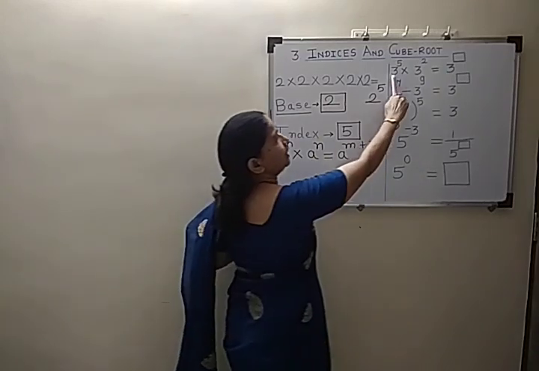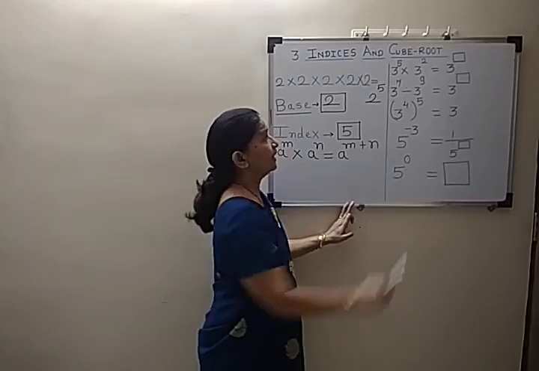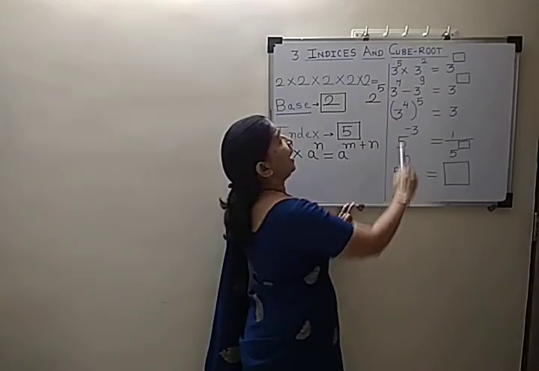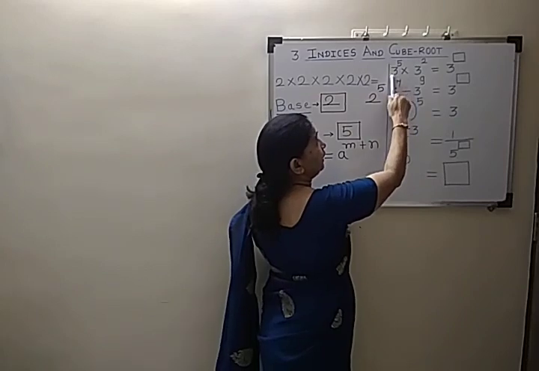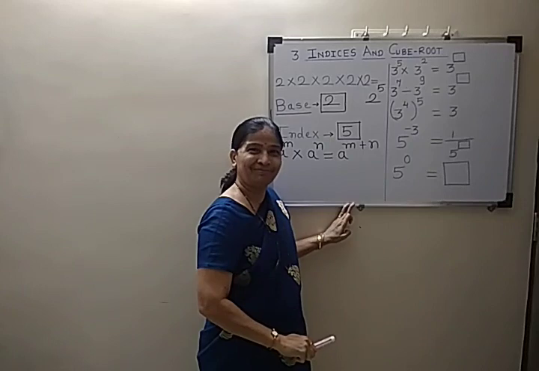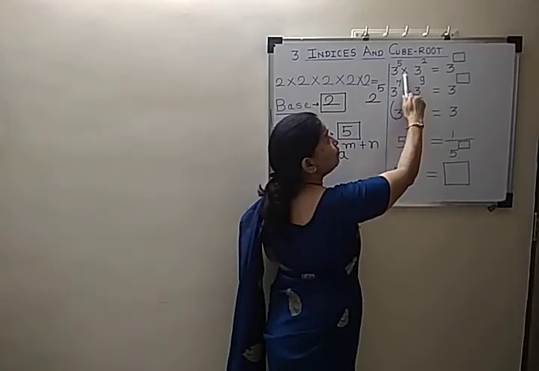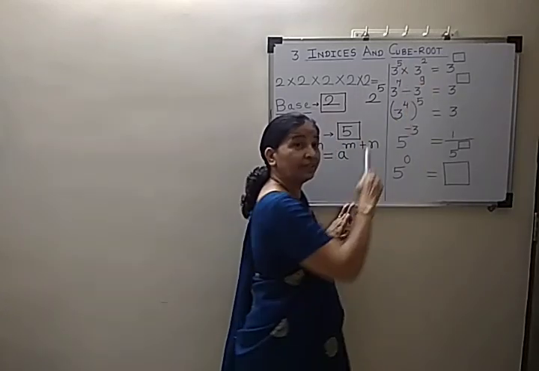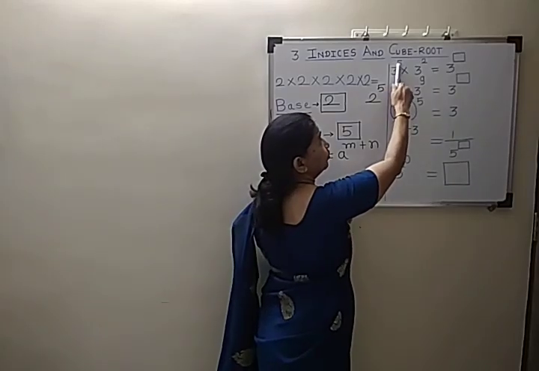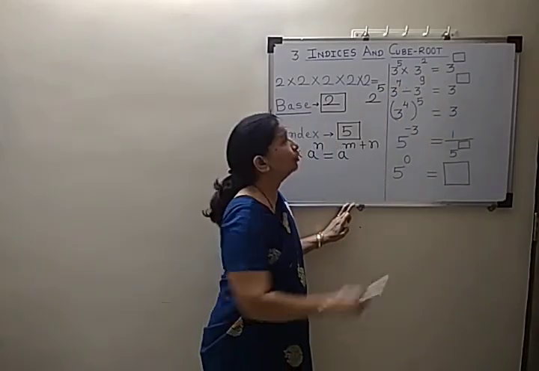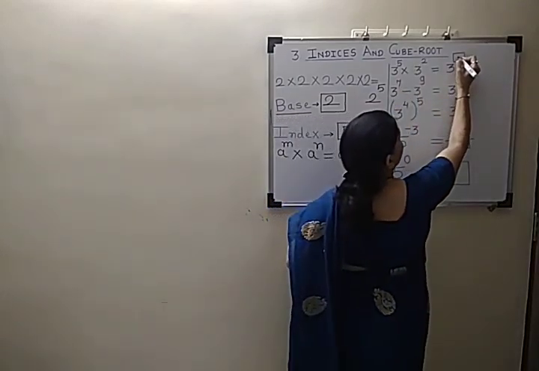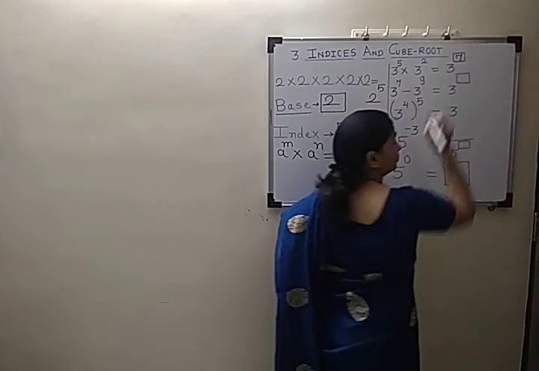So same is the case here, that 3 base is same and in between there is a multiplication sign. So we can add the indices, means 5 plus 2, may I write it as 7?